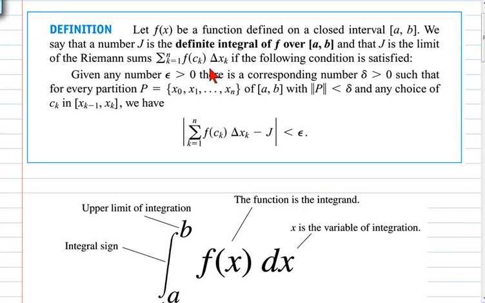I'm not going to make you memorize this or do anything with it, as a matter of fact. We just kind of hit the highlights in 5.2 of what a Riemann sum is. So this is the limit of the Riemann sums if the following condition is satisfied.